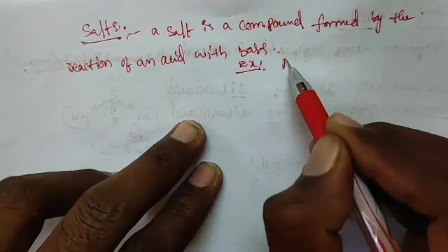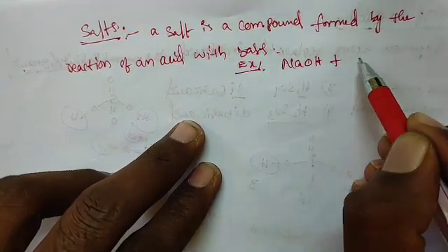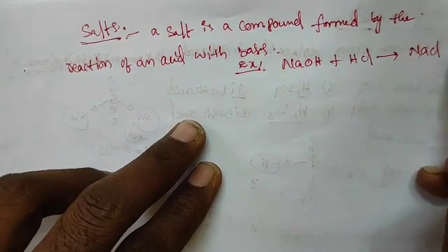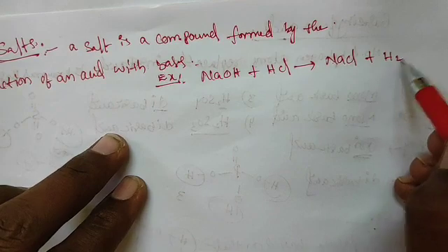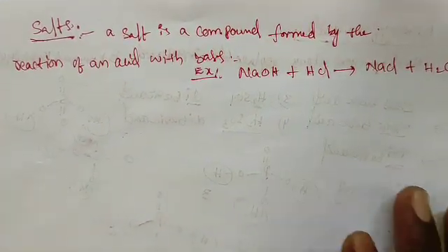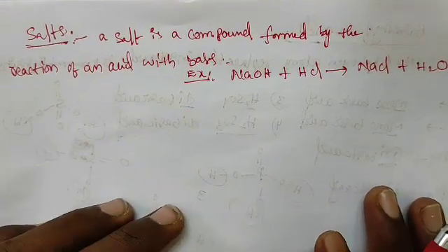NaOH base reacts with HCl, and we get NaCl plus H2O. This is the neutralization reaction, the best example of an acid-base reaction.